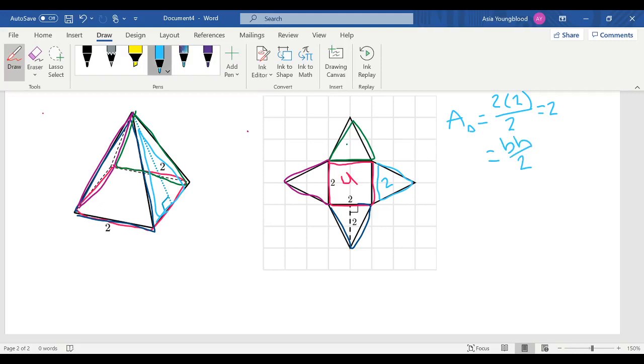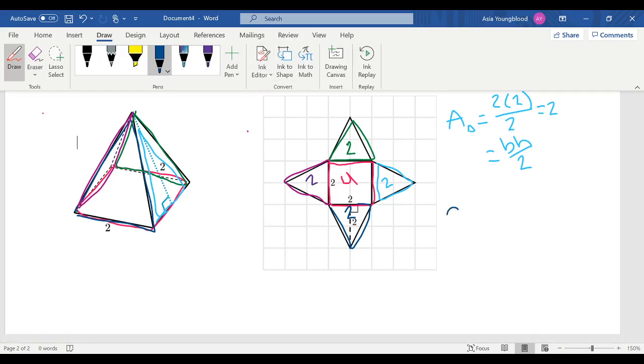And then let's use this purple again. So this area is going to be the same. 2 times 2 divided by 2 is 2. Let's use this green again. This area is going to be the same, another 2. And this last area, this darker blue triangle down here, is going to have an area of 2 as well. So we're just going to add up all these numbers.